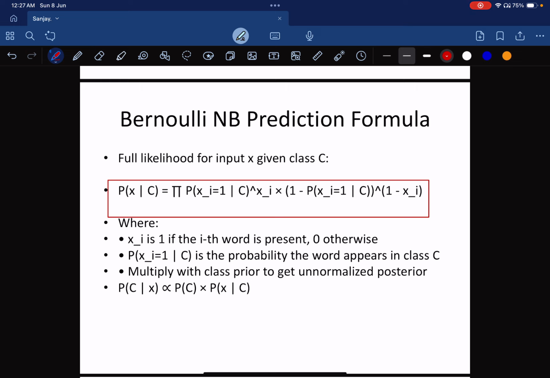If I write the equation, it's a bit confusing, right? For a Bernoulli's equation, it looks like f of x equal to p of x q of 1 minus x, where x belongs to 0 and 1.